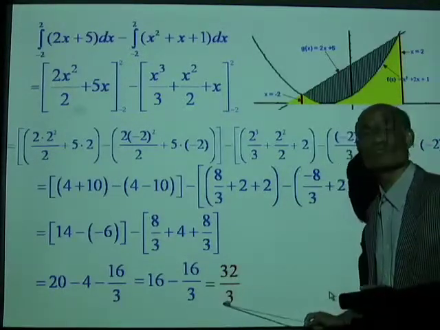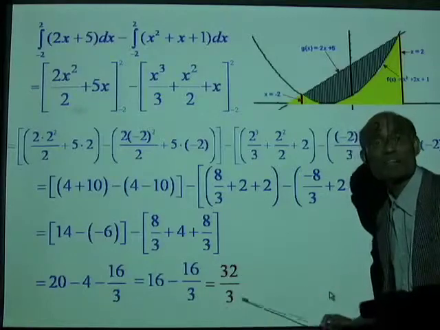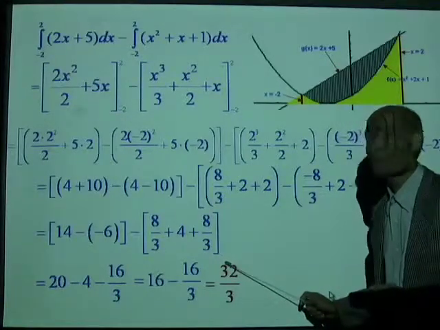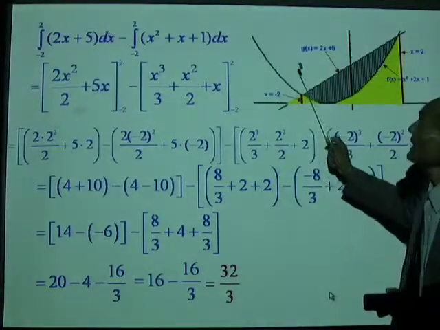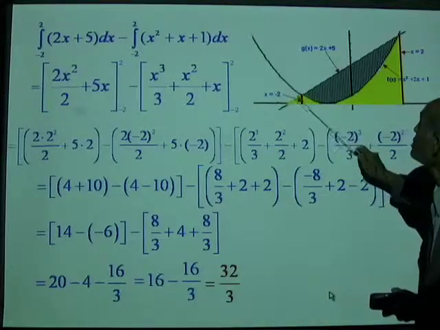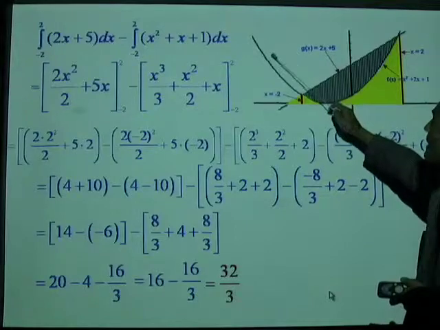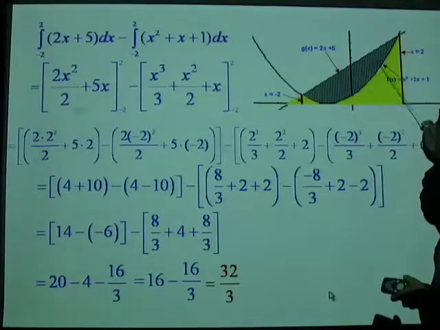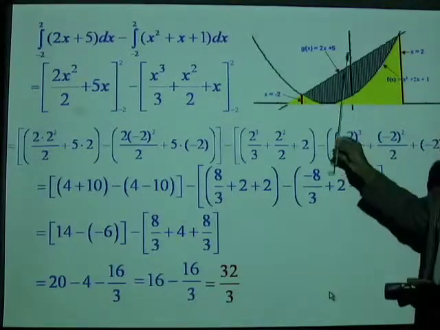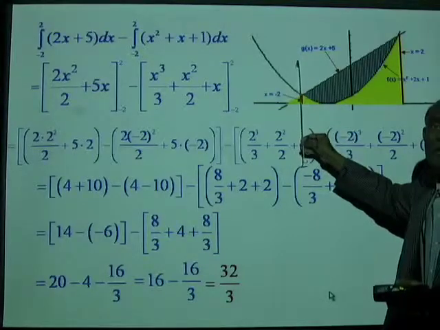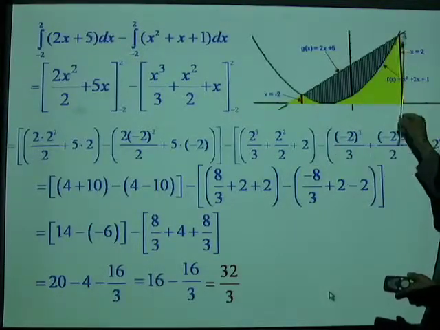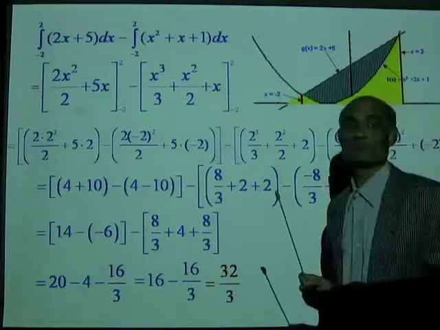That is 32 over 3. What does this represent, 32 over 3? This is a measure of the area enclosed by g of x equal to 2x plus 5 and f of x equal to x squared plus x plus 1 between x equal to negative 2 and x equal to 2.